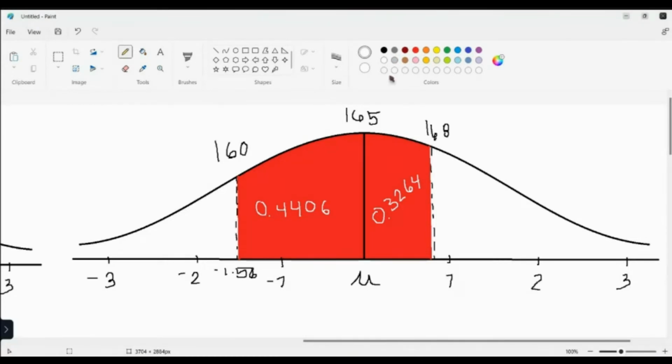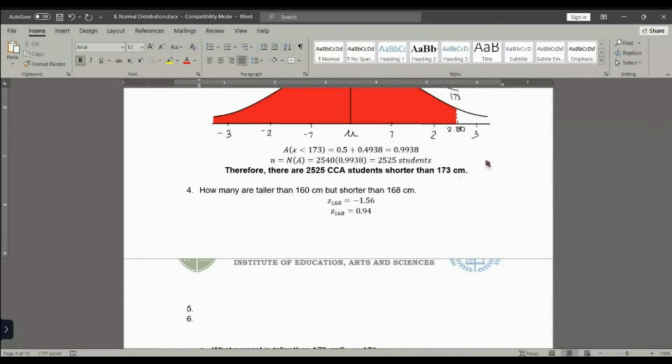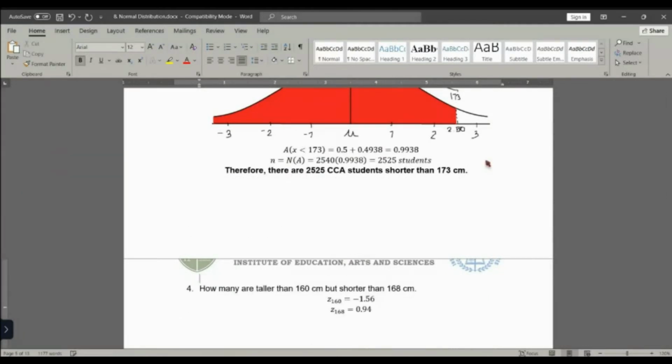I forgot to write 0.94 here. Okay, that's it. As you can observe here, we don't know the half of the distribution anymore. There's no need to consider the half. So how do you think we could solve for the area of the shaded region?